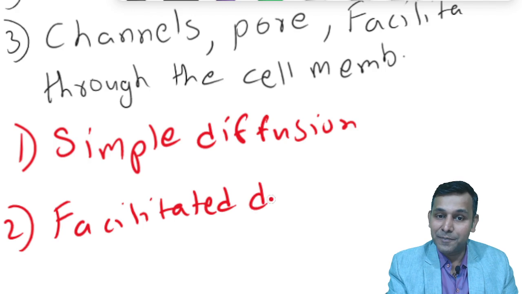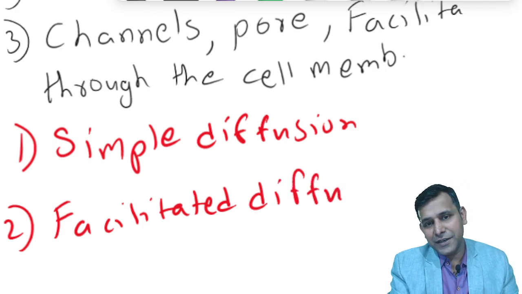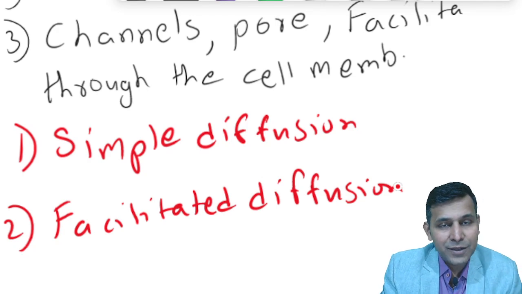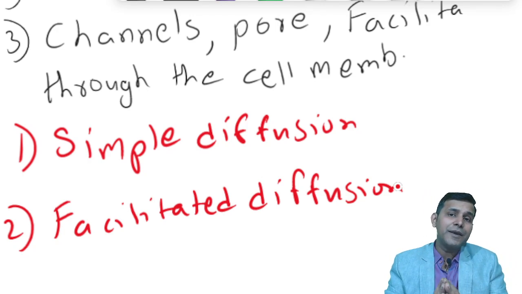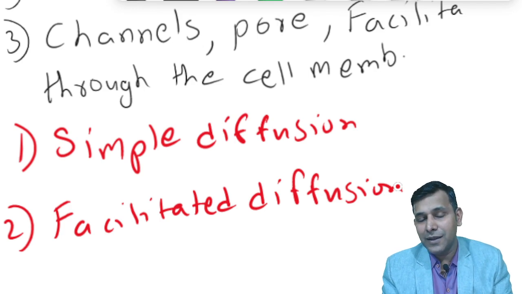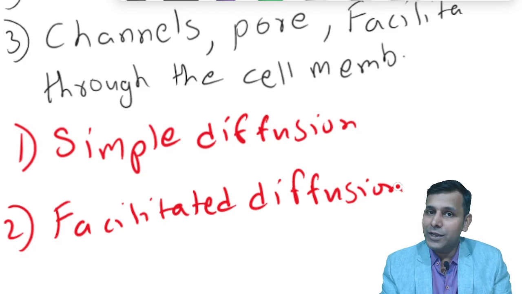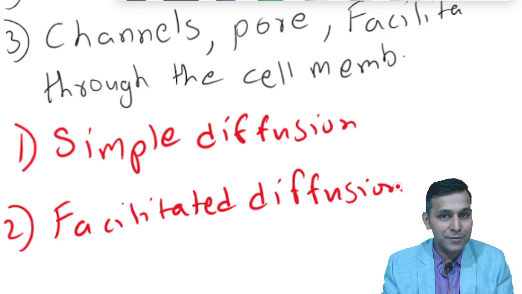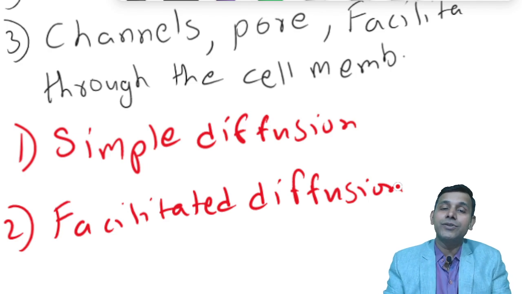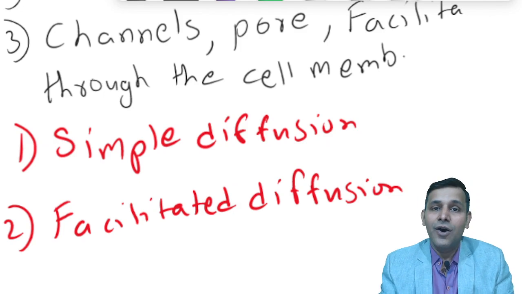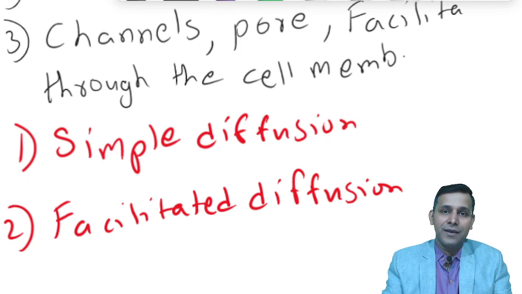Remember, what is simple diffusion? The substance simply moves across the cell membrane by using channels, pores, or they move through the lipid bilayer. The substances are moving on their own. Nobody is carrying the substance from outside to inside or from inside to outside.